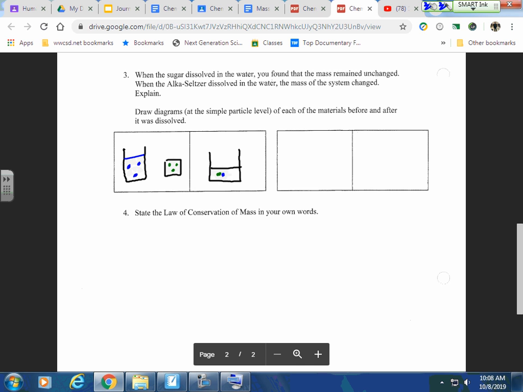And then up above, escaped into the air, I might do a couple greens attached to a couple blues, something like that, okay? So if you look at it in each picture, there's still the same number of dots, but now in terms of what we're actually finding the mass of, it's only 2 particles there, so it would be a loss in mass, okay?